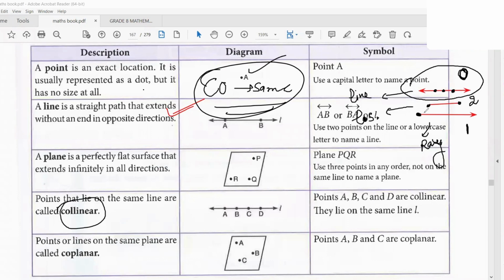So here, if I have many points on the same line, as you can see, points A, B, C, and D, they are on the same line. So what do we call them? Collinear points. That means they are on the same line. If we have a plane, what is a plane?